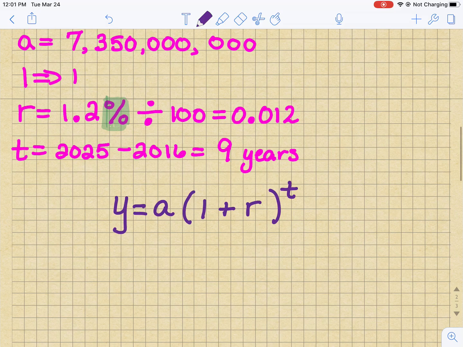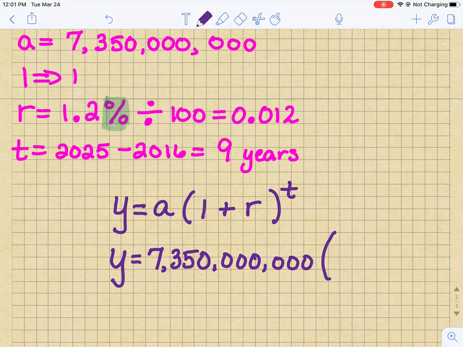We don't know our y, that's what we're looking for. We do know our a, it's 7,350,000,000. Make sure you get all those zeros in there. Parenthesis 1, we already figured out our rate, is 0.012, and we're raising it, close parenthesis, and then we're raising it to the 9th power.